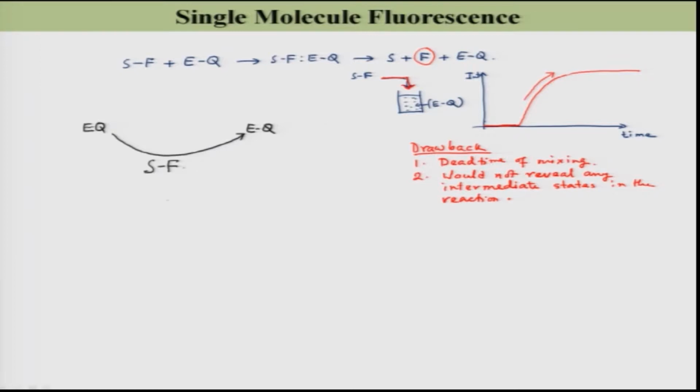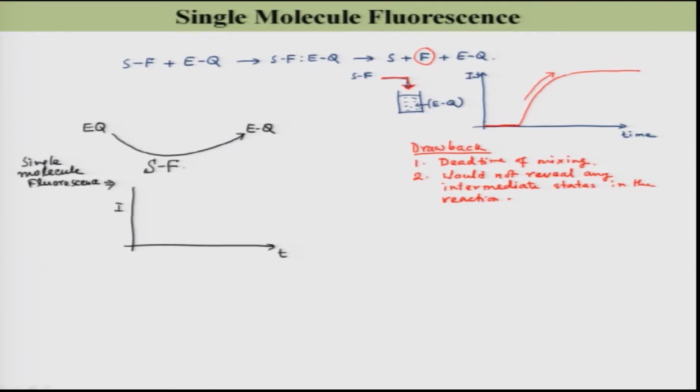So, now if I plot, this is my single molecule, you are monitoring single molecule fluorescence in this case. If you just sit and look at this SF molecule as a function of time, what are you going to see?